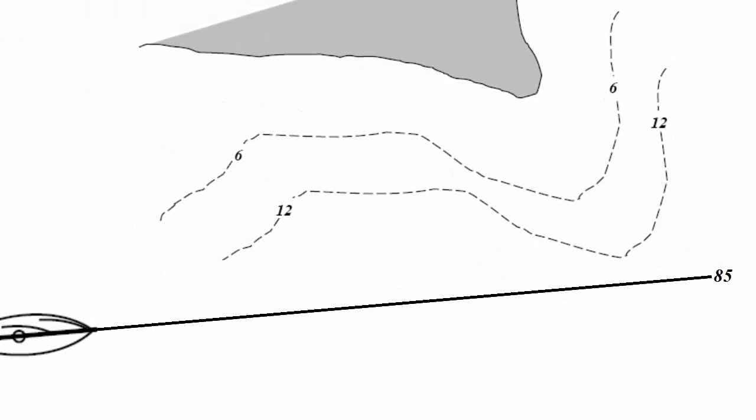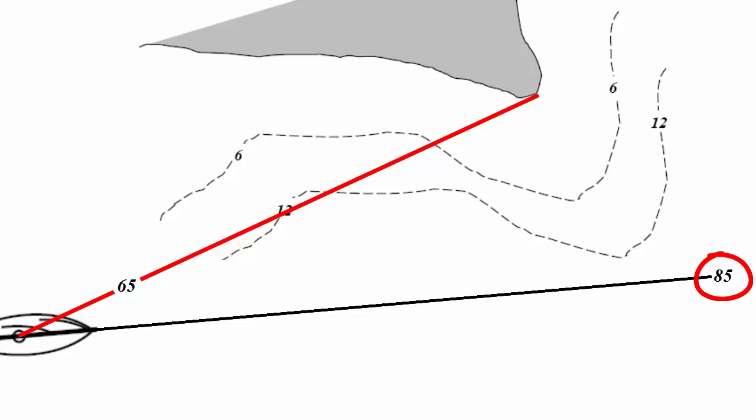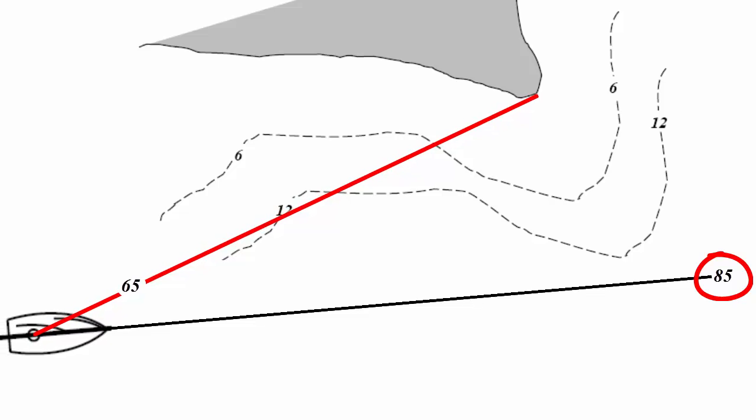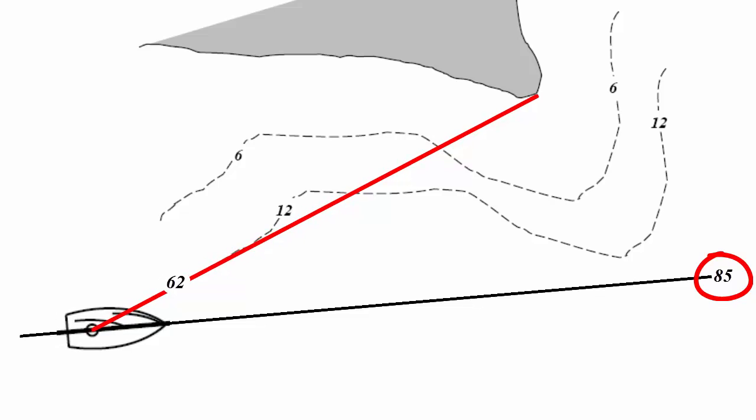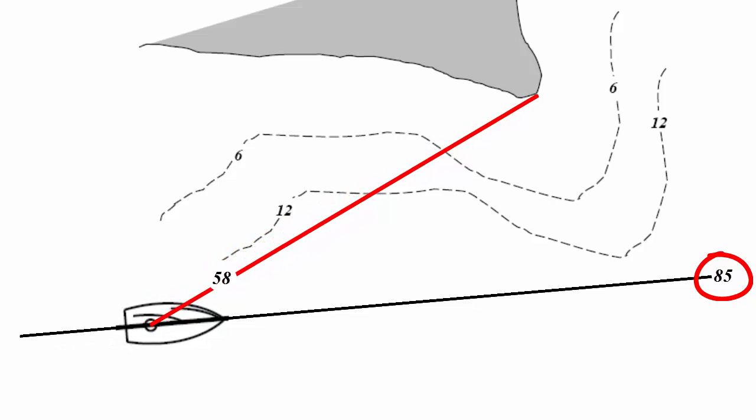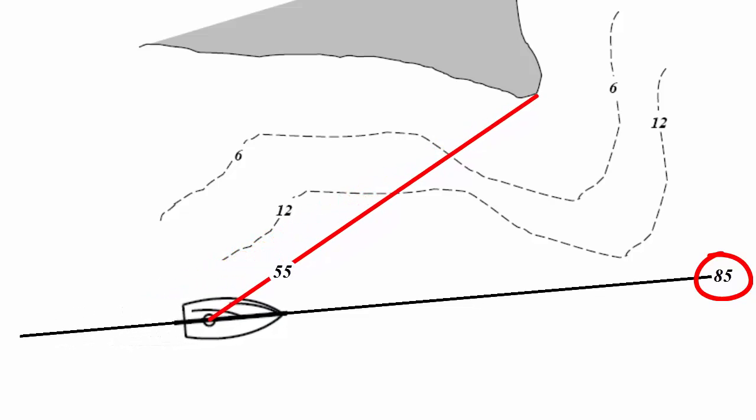As in this diagram, maintain the boat on a steady course of 85 degrees per compass and observe the decreasing magnetic bearing to the point of land. Initially, it reads 65 degrees over the compass and decreases to 55 degrees, at which point the bow angle is 30 degrees.